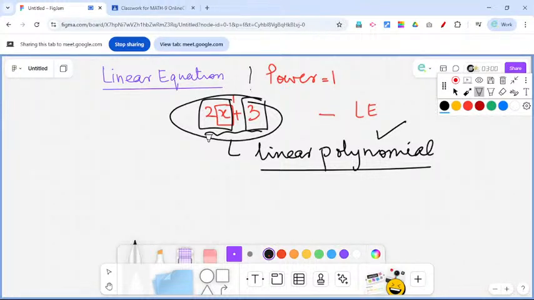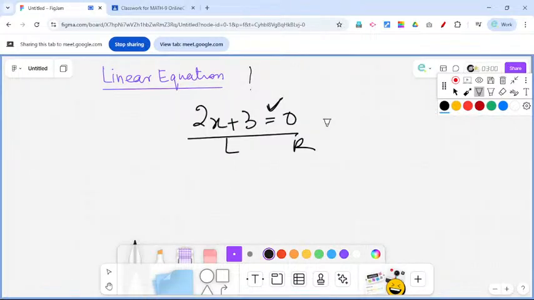But if I write 2x plus 3 is equal to 0, now it is a linear equation because I equated the left hand side with the right hand side. Okay? Yes, sir.